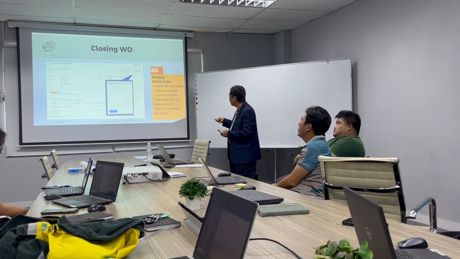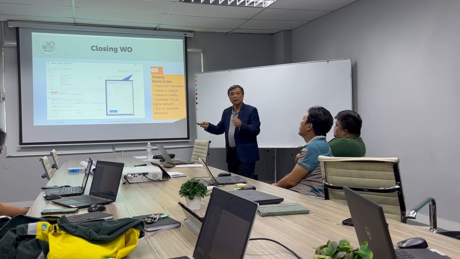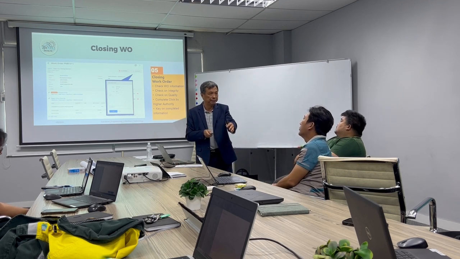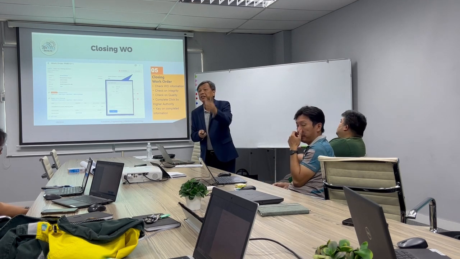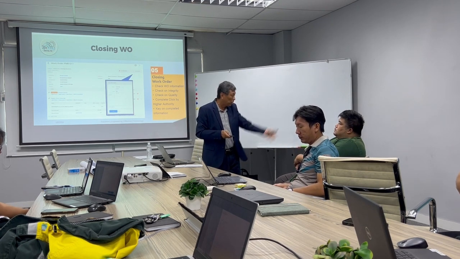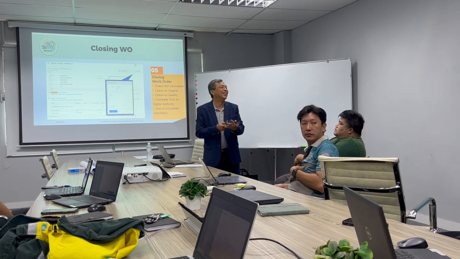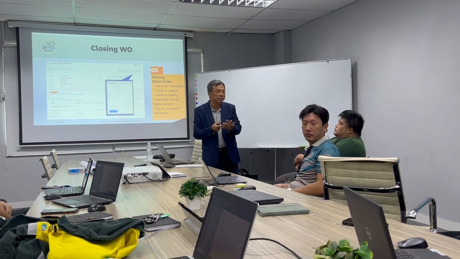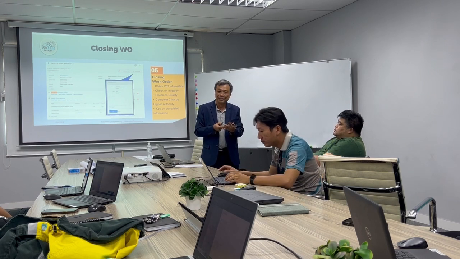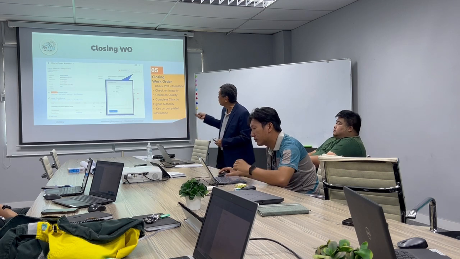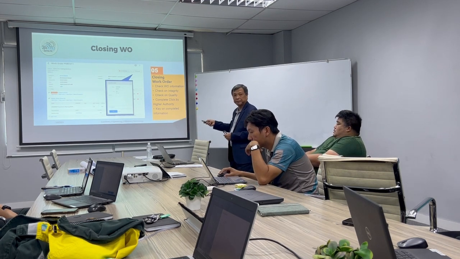Before they close it, they add in the pending approval I mentioned just now. So once the engineer checks it and is satisfied with the job, maybe you have to go there and check the quality of their work. Whether they say complete, is it really complete? Sometimes they complete but not complete well. So when you are really satisfied, then you put in this information that will log in the system. Clear?